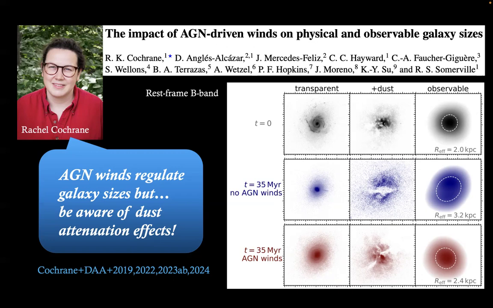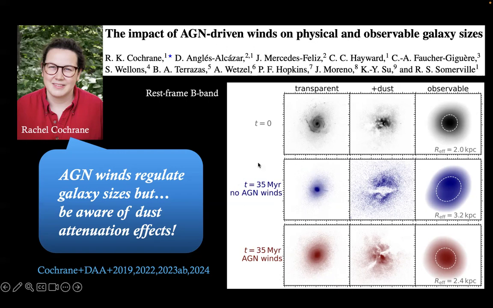In particular, this shows that the obscuration by dust is crucial when we try to make inferences about the sizes of galaxies. So I'll just show one very interesting effect quickly.